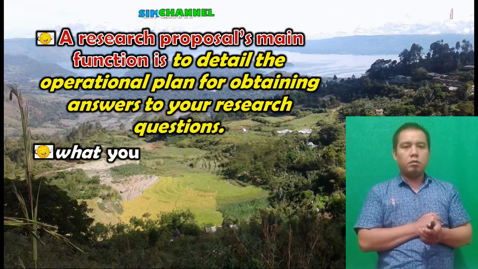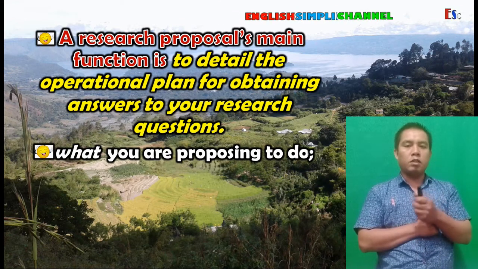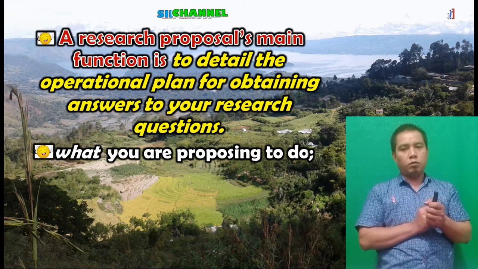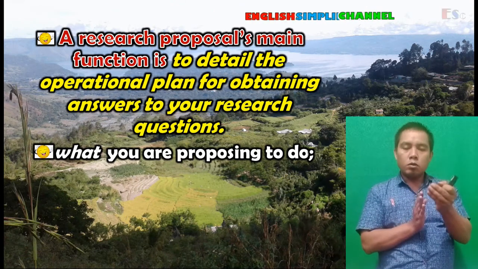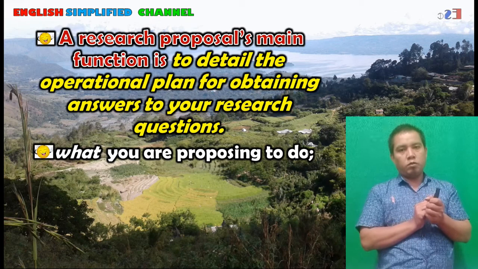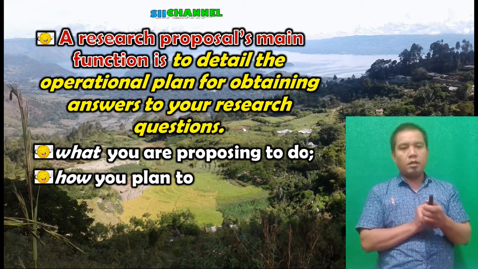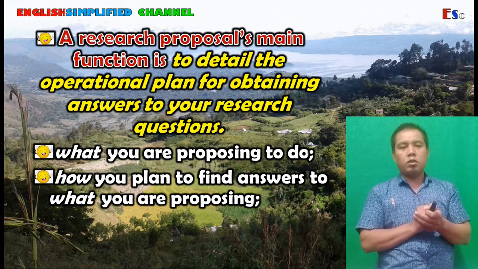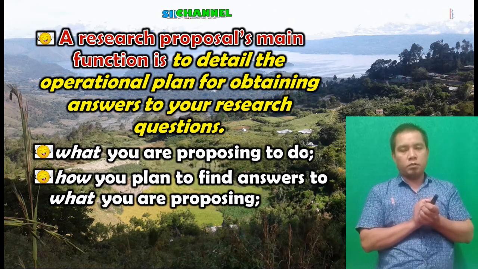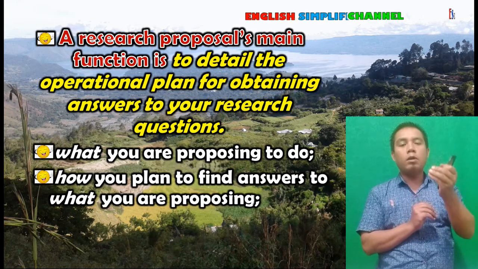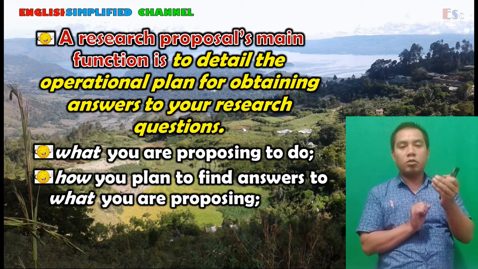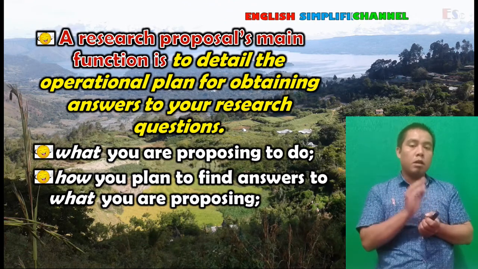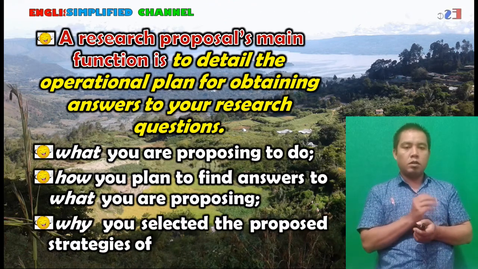For example, your research proposal must be about what you are proposing to do. What are you going to research? And how you plan to find answers to what you are proposing. It means how will you obtain or get the data to answer the research problem or questions.